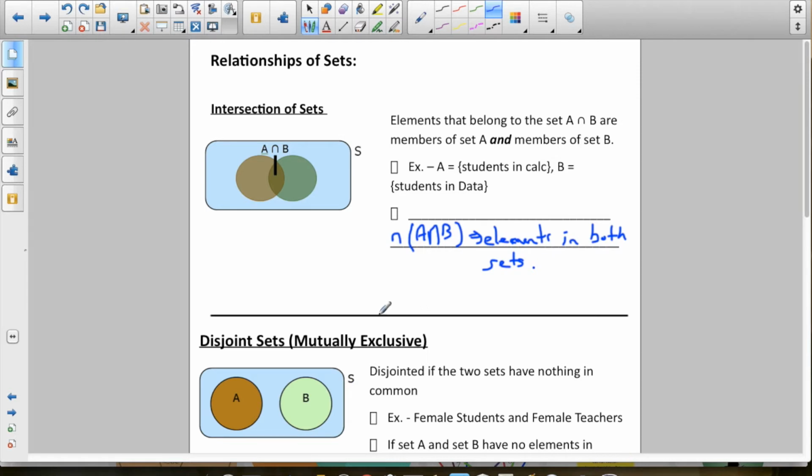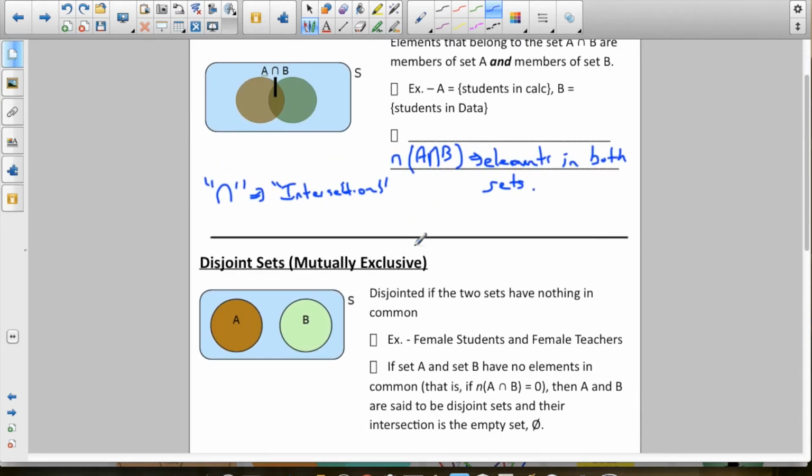And just to write it down again, the upside down U is the intersection. So the intersection between those two. Great, and so we could figure that out if we had the numbers.